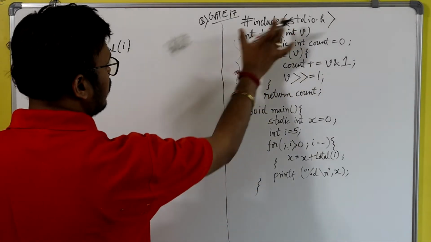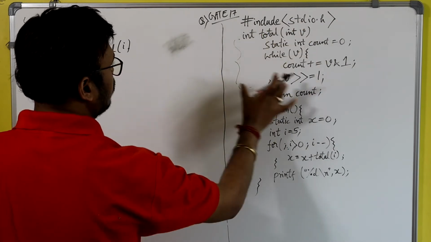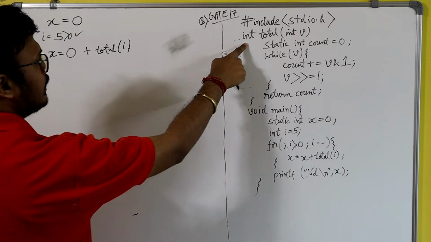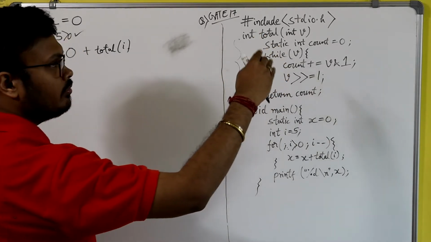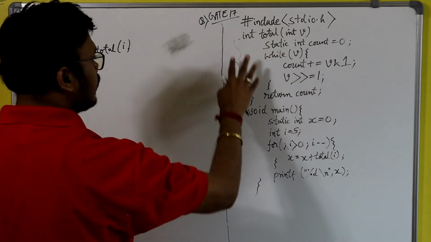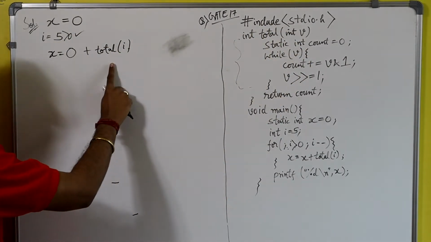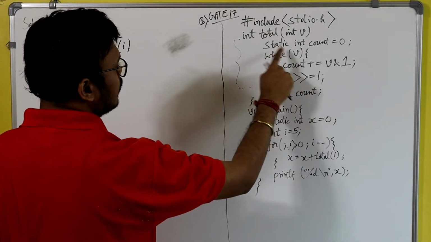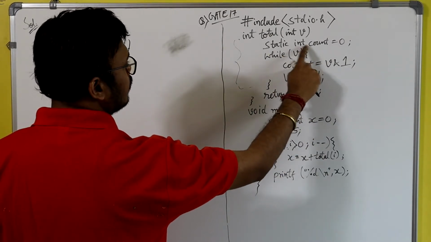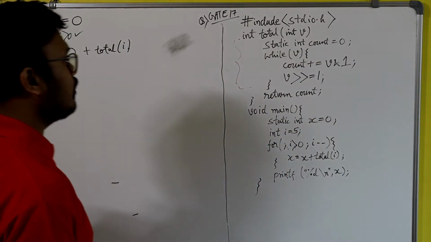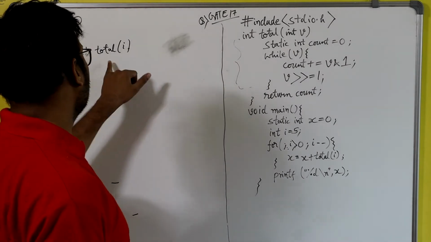So let's move to the total function. What is the return type of the total function? int. It means the total function will return an integer value. Here we can also see return count, where count is an integer variable. So let's understand the total function.